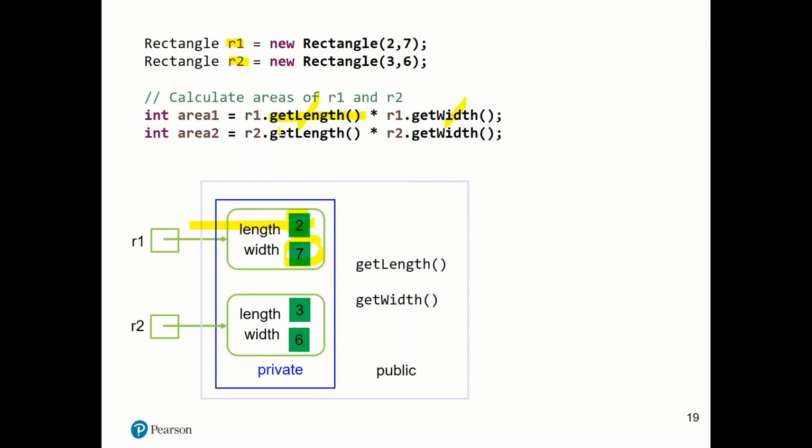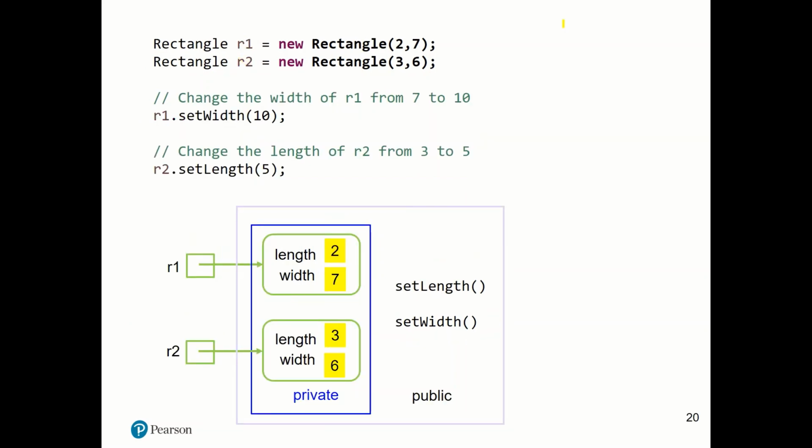Likewise, r2.getLength will get the length of r2, so 3 will be returned here, and r2.getWidth will have 6 returned here. So like this, if we want to access a private member, we have accessors, getters, as public methods.